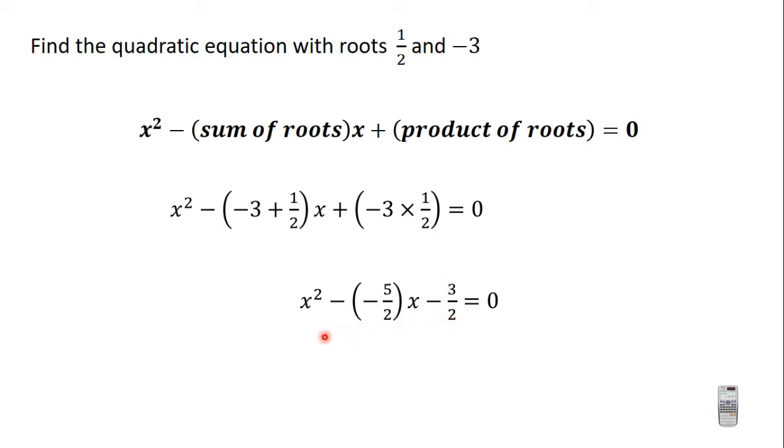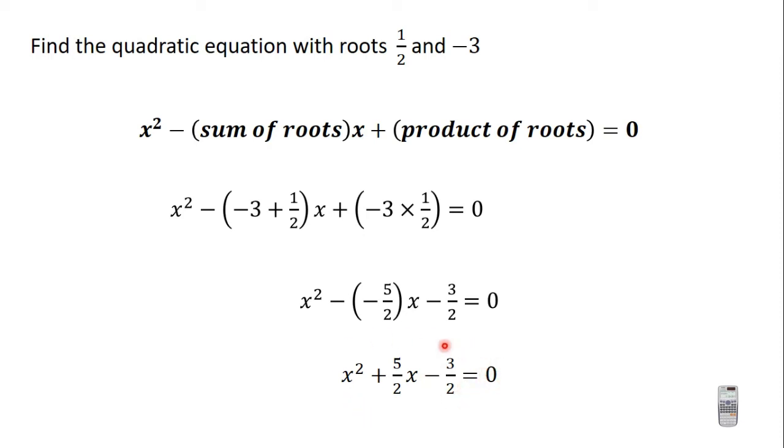So our equation now is x squared minus into bracket -5 divided by 2x minus 3 divided by 2 is equal to 0. This will give us x squared minus -5 divided by 2x, which gives plus 5 divided by 2x, minus 3 divided by 2 is equal to 0.